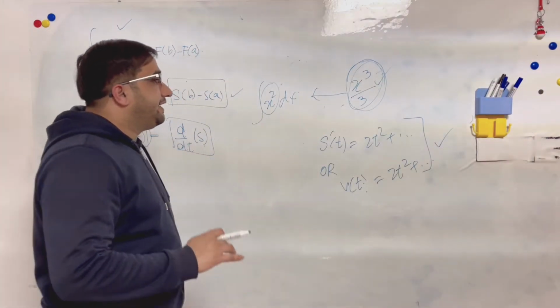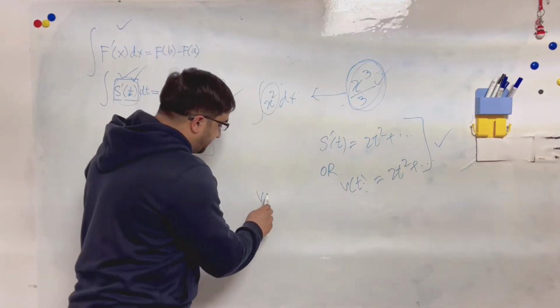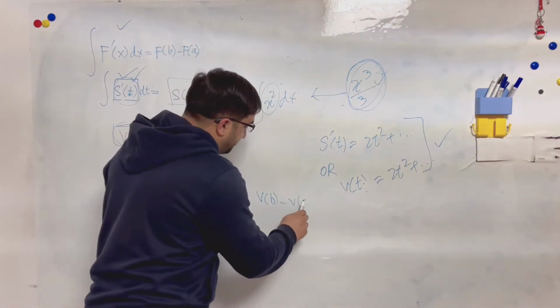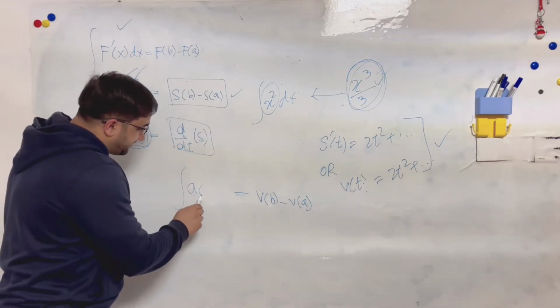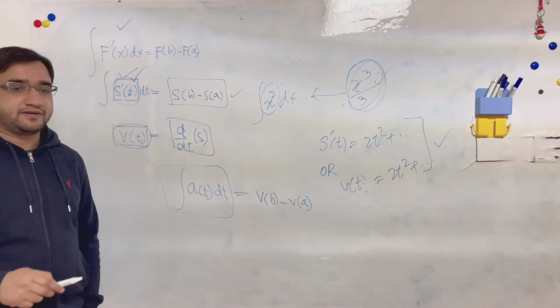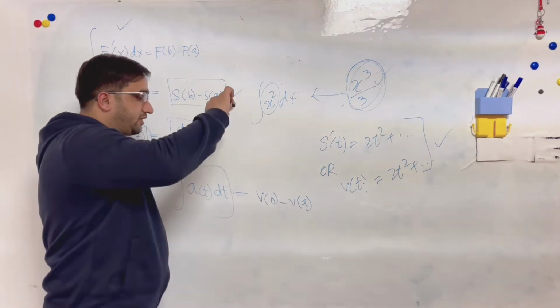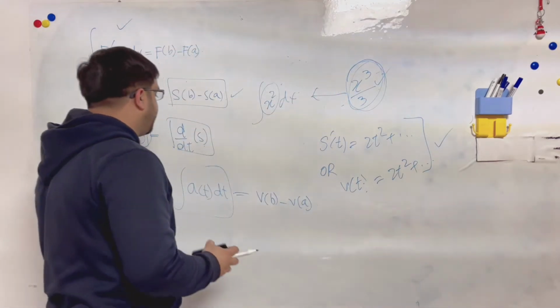Similarly, if they want you to find the change in velocity, v of b minus v of a, then they will give you an acceleration function in this expression. So you are going in the forward direction.